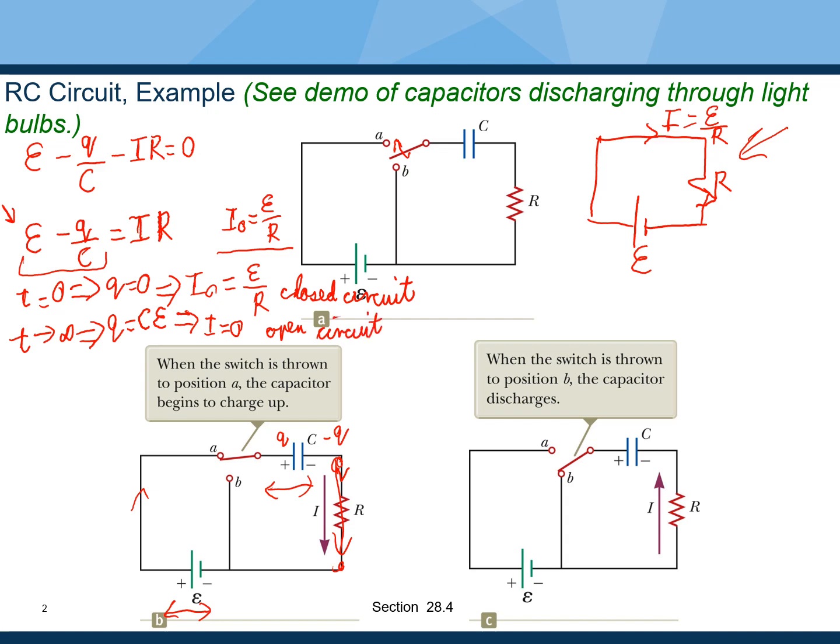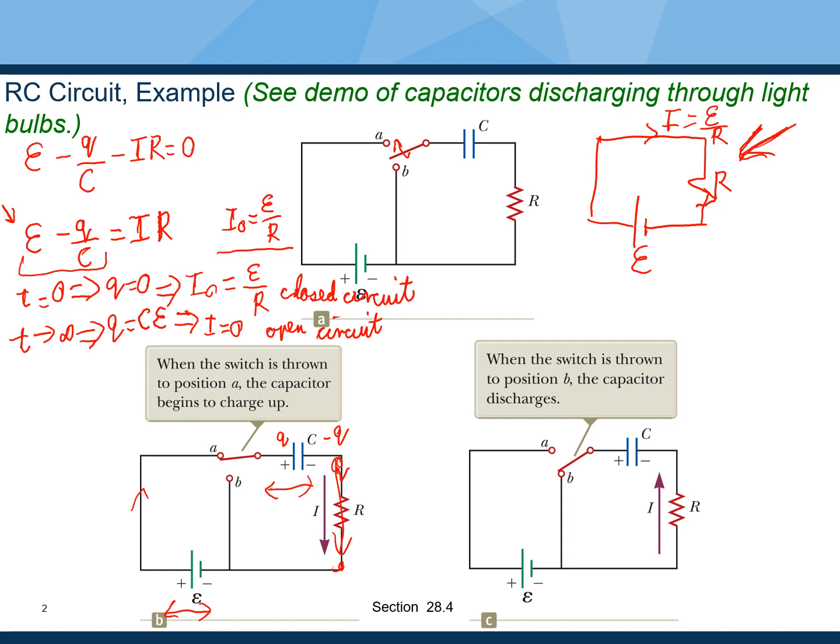Okay, so we have this final realization that initially the capacitor behaves like a closed circuit. Since it's completely uncharged initially at time t equal to 0, it lets any amount of current that needs to flow through go ahead and flow through, and therefore it behaves like this circuit.